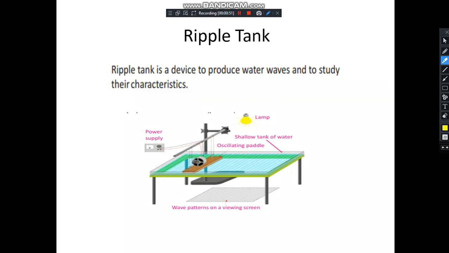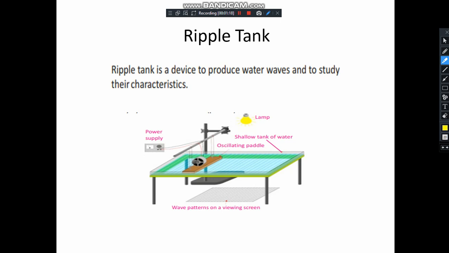Here you can see a rectangular shallow tank of water, and above that water we place a mirror. And in the water you can see the vibrator, which produces waves in the water.